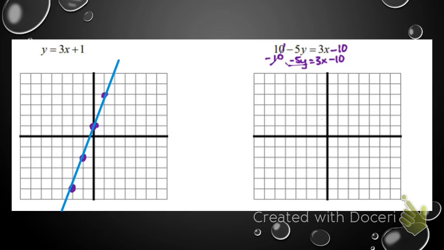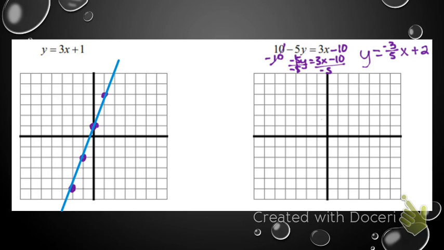And then I'm going to divide by my negative 5. Now over here I have to divide both numbers by negative 5. So my negative 5's cross out, so I get y equals, and then I have 3x divided by negative 5. So I'm just going to write that as a negative 3/5 x. And then negative 10 divided by a negative 5 is really going to be a positive 2.